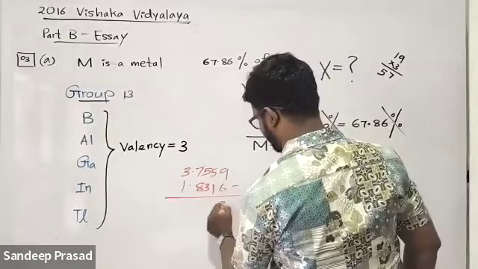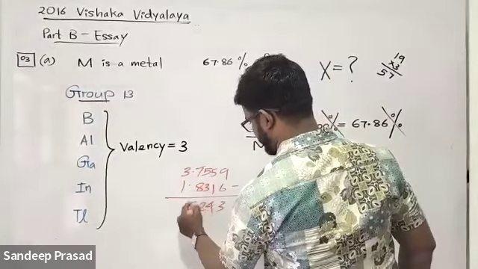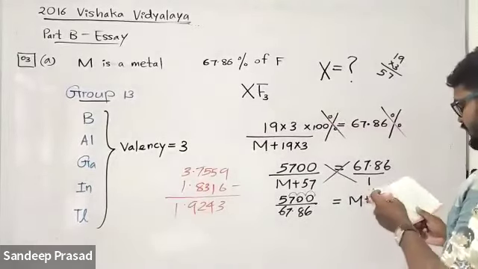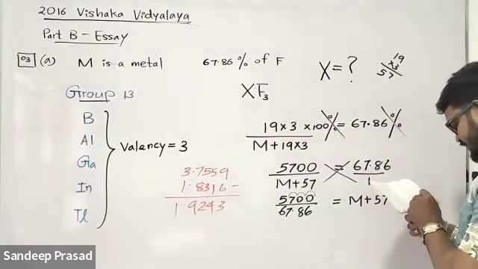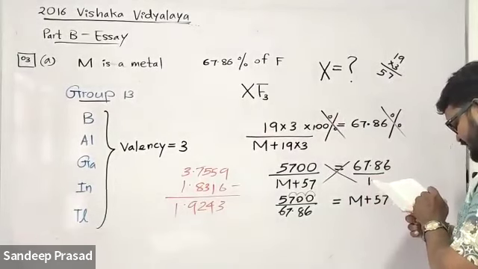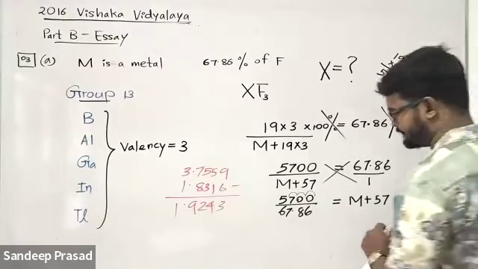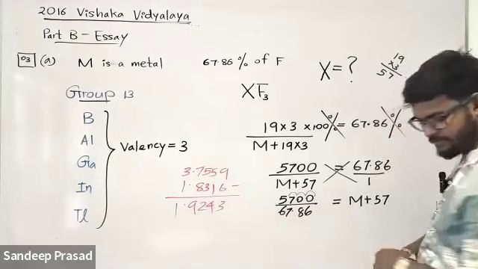Take the difference. 3 4 2 9 1. And now you can take the antilog. 92 43 is 44. Answer is 44.